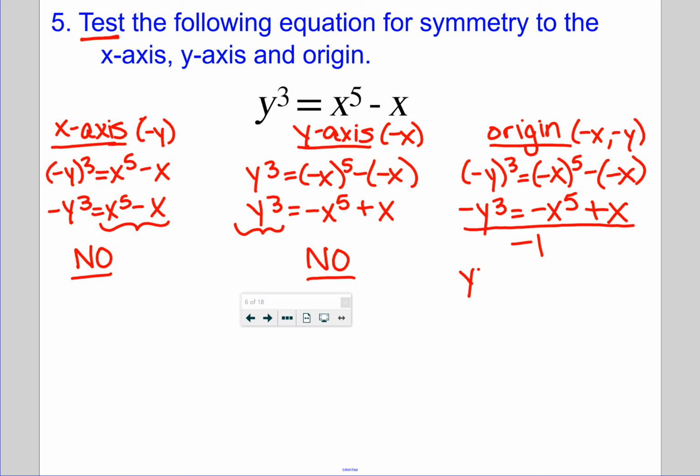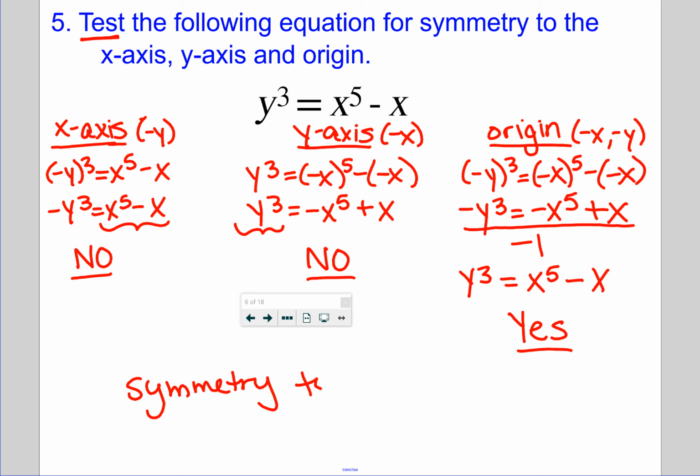And that will give me a positive y to the 3rd, a positive x to the 5th, and a -x, which is the same as my original equation. So we can go ahead and say yes there. So final answer is symmetry to the origin only. And again, your work is most of the points you would earn for that problem, your justification algebraically for that.